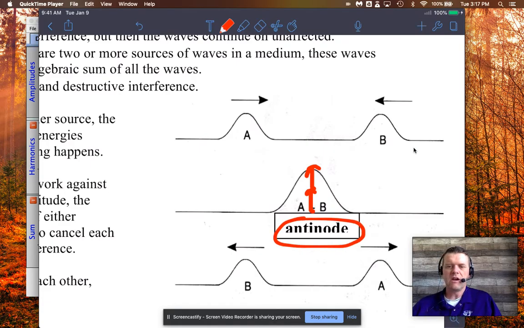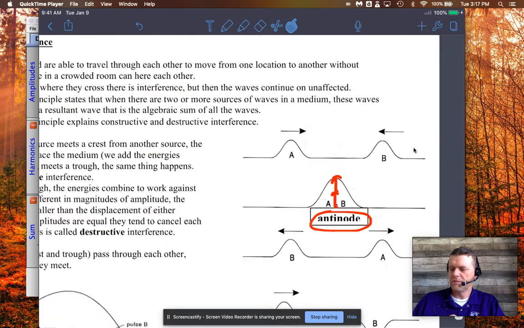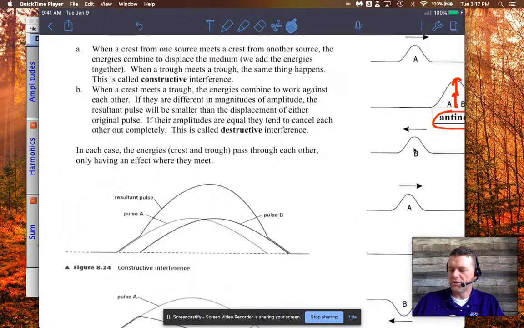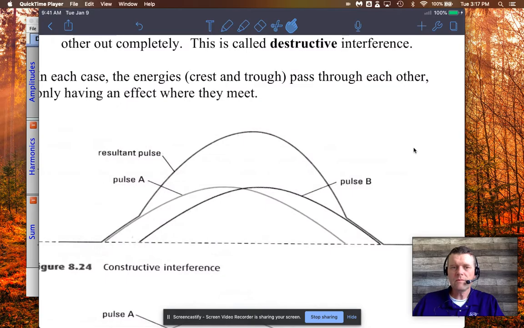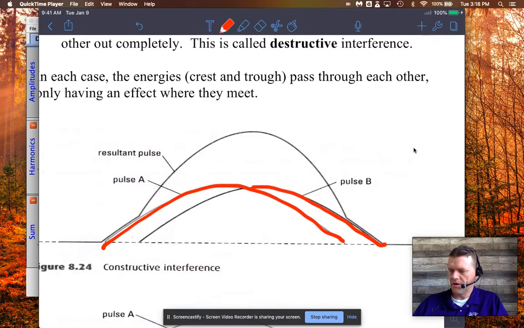It's an area of amplification, or an area of what we call constructive interference. That's also highlighted here in this picture, constructive interference. And I'll show you that in a minute too. But you see you have pulse A, which is this one right here, and then pulse B is this one right here.